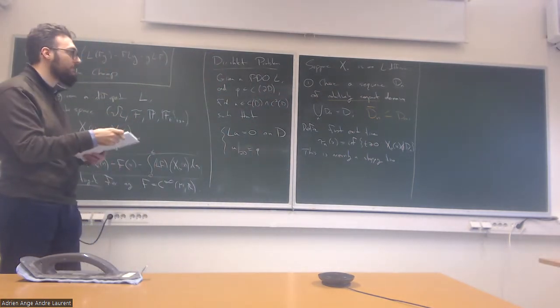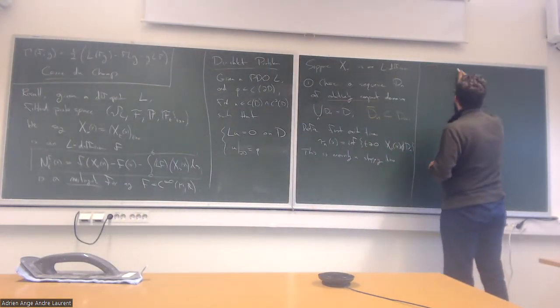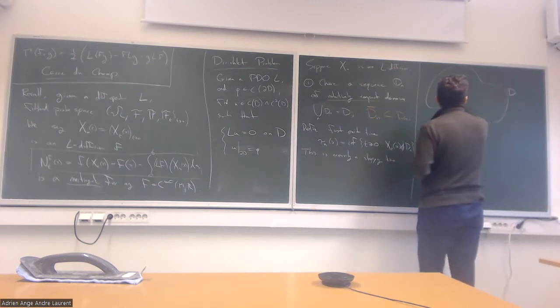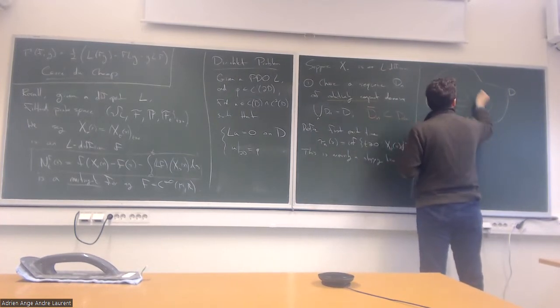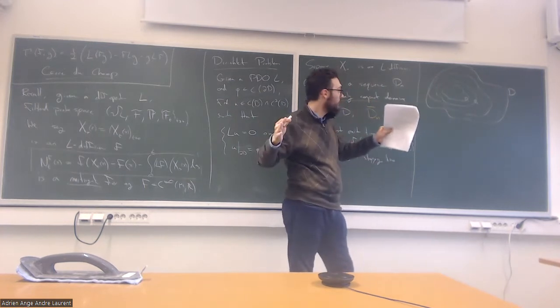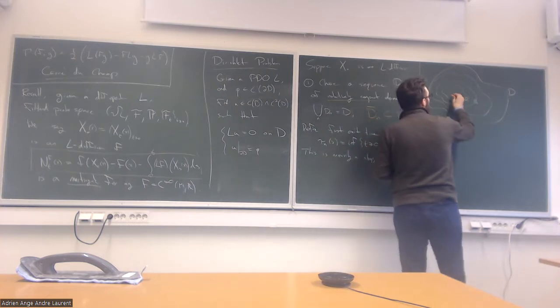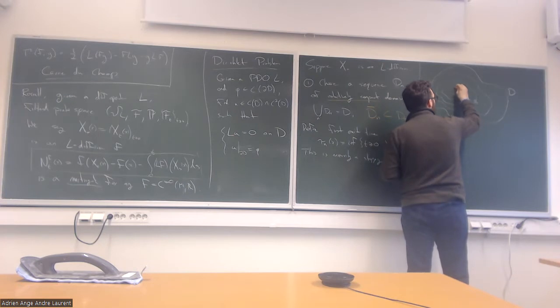So what we have at this point, probably it's nice to draw that. Let's say this is D. We have some sequence of domains that converge outward to the whole D. And the idea then is that if we start here, the stochastic process moves around in D1 and eventually hits the boundary.